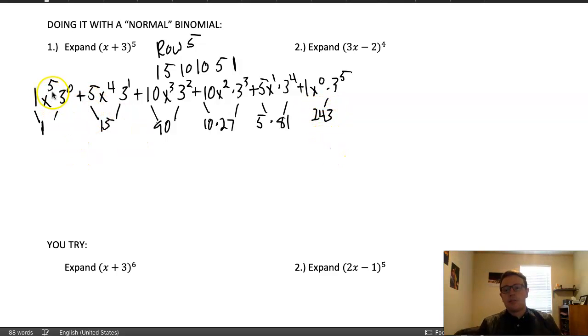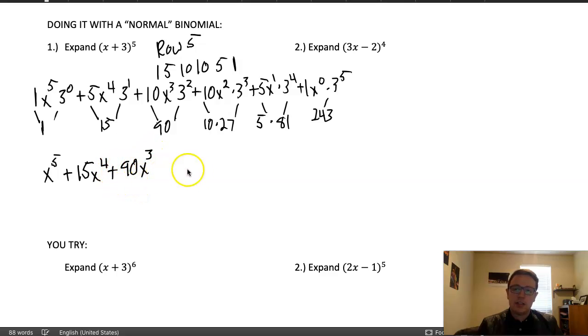Now that was confusing, but all we're doing is figuring out our powers of 3, and then multiplying them by our coefficients. That way we can just have numbers and we can have variables. For this first one, our coefficient is 1, so we'll just be left with x to the 5th. Then we'll have 5 times 3, so that'll be 15x to the 4th. Then we'll have 10 times 3 squared, or 90, so that'll be 90x cubed.